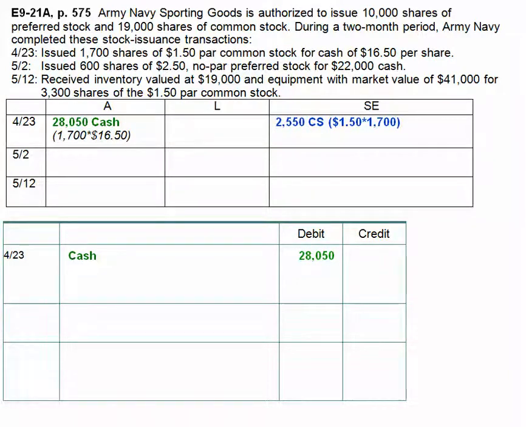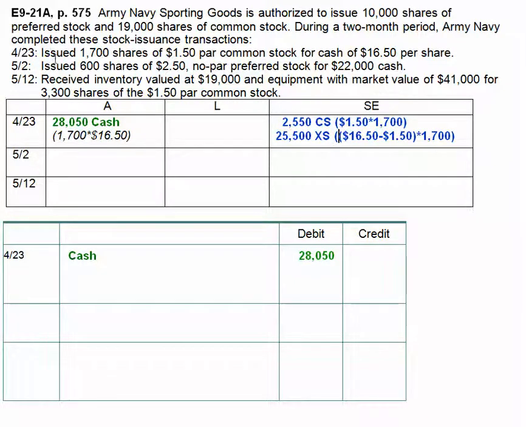They got 25,500 more than the par value. So what basically they did is they got $16.50, which after you subtract the amount that you put into the par value and multiply it by the number of shares issued, you have your 25.5.